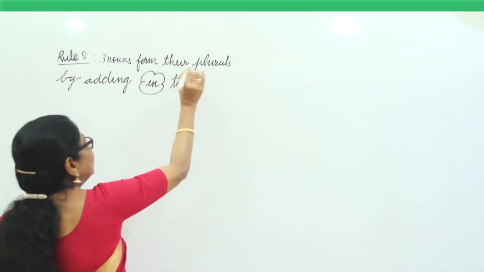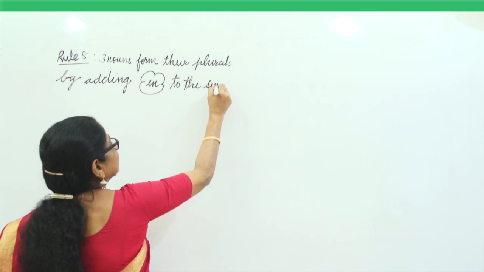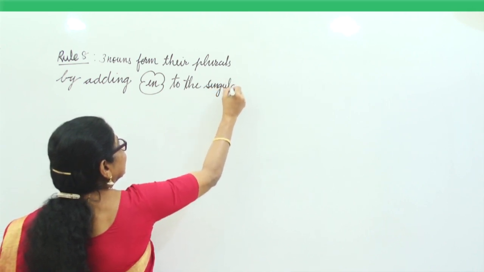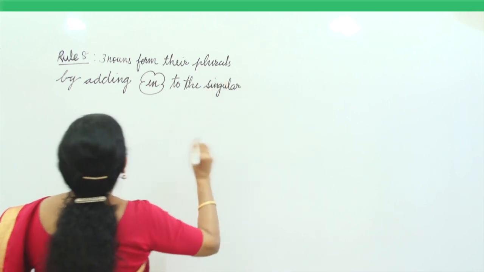Only 3 words, okay? Only 3 nouns. That is rule number 8.